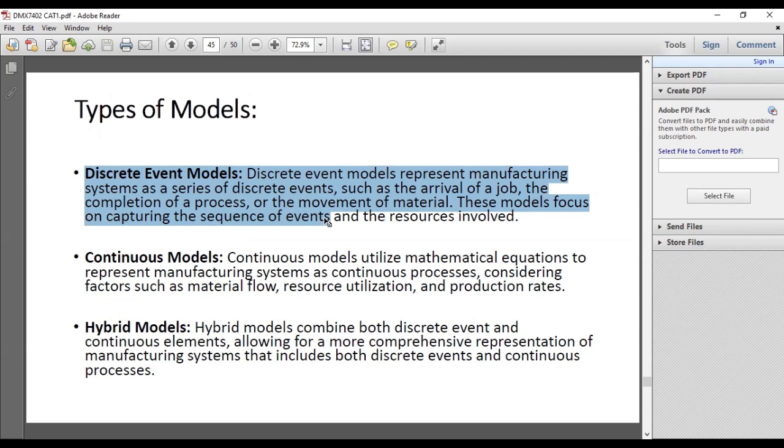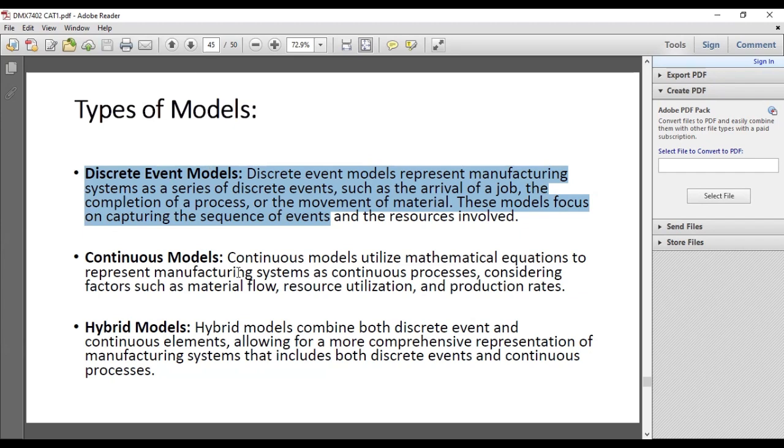In continuous, we will calculate as a continuous part, a continuous flow model. That is the only difference. In discrete event, you break the system down into parts and calculate individually. In continuous, you consider input and output and calculate as a continuous one.